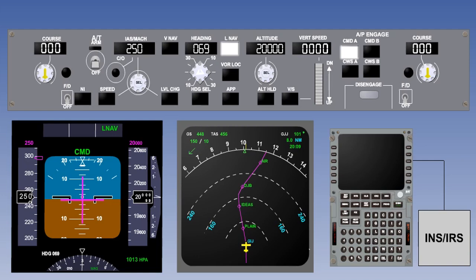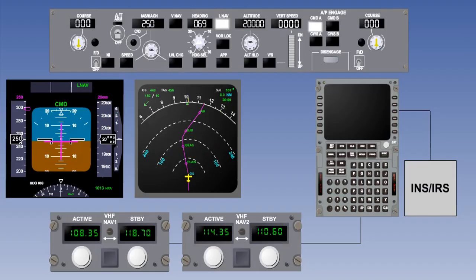The advantage being that the system is self-contained and requires no information from outside the aircraft. It can, however, use information from outside the aircraft to check and update its position. The flight management system can auto-tune a pair of VOR beacons and use the distance from each to determine position, or use a satellite positioning system input.